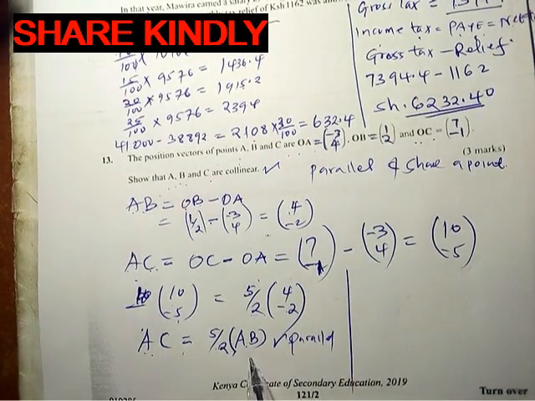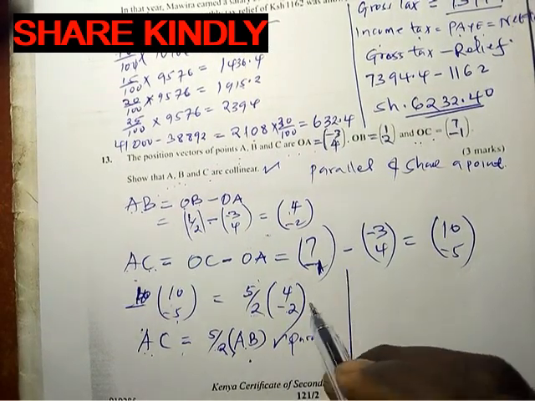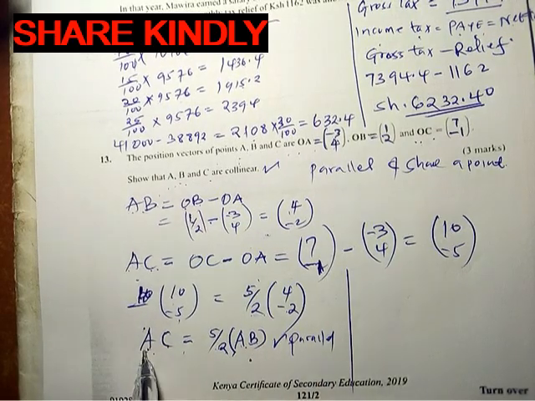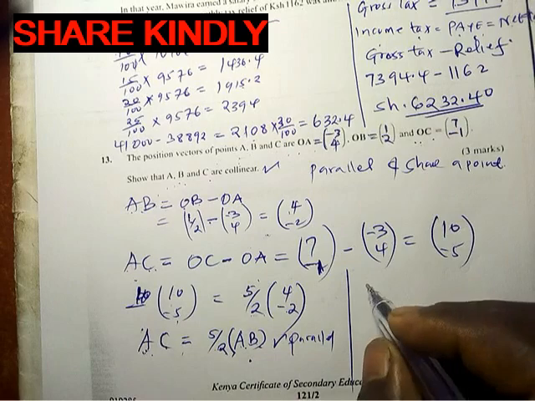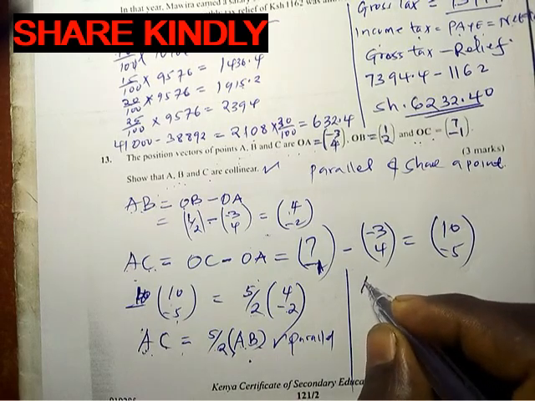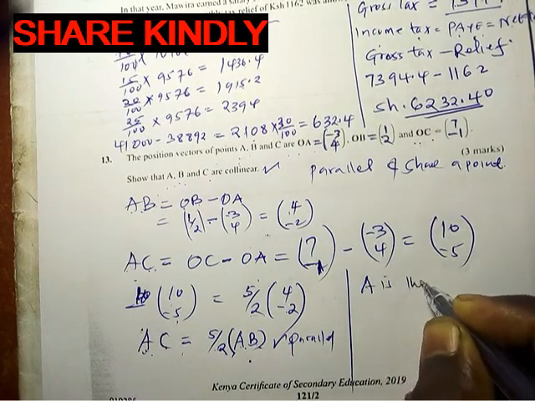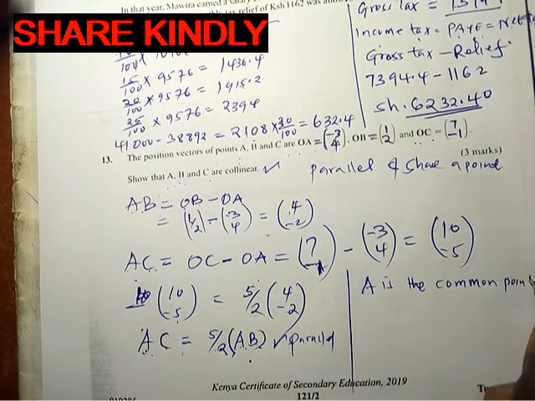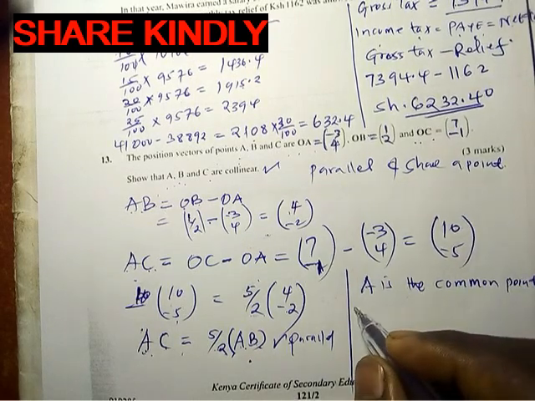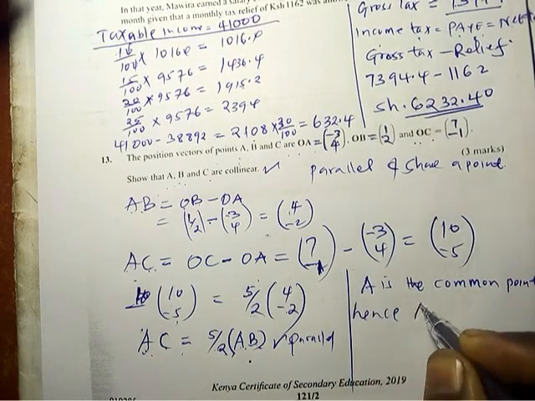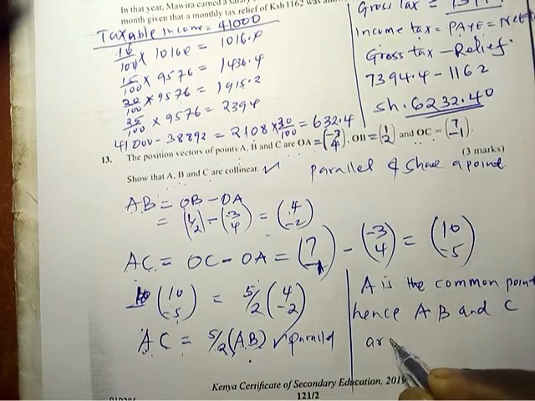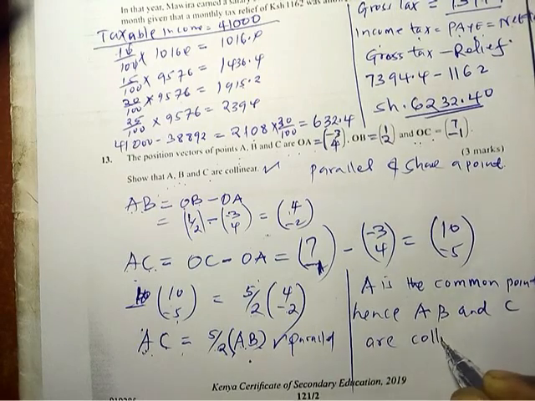Once you have shown they are parallel, now you show that they share a point. So you can see AC and AB are sharing this point A. So you write A is the common point, hence A, B, and C are collinear.